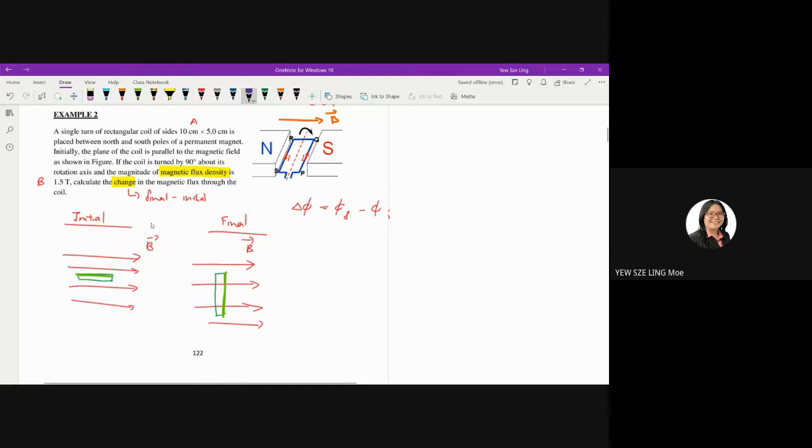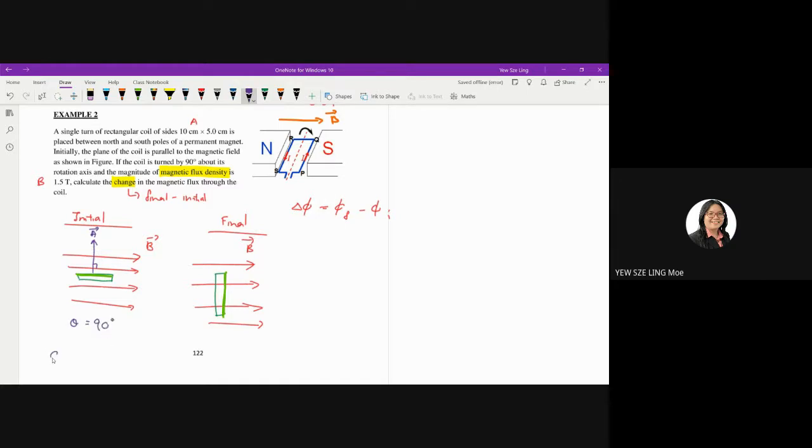What we want is the vector area. In the initial state, the plane is parallel to B, so vector A is perpendicular to the plane, meaning that vector A is at the same time perpendicular to the magnetic field. Meaning that now you have angle equals 90 degrees.